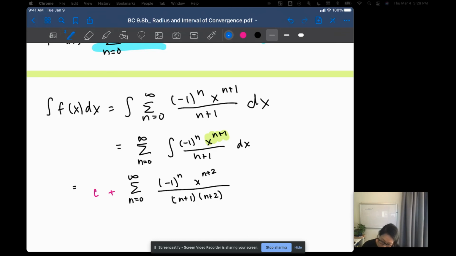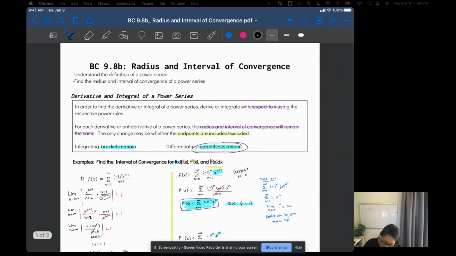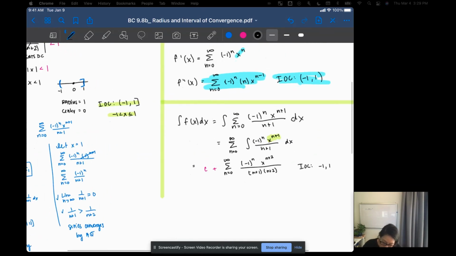So we know that the interval of convergence is going to be -1 to 1. Remember from earlier that when we're integrating, any bracket is going to stay. So there was a bracket around -1, so we're going to keep a bracket around -1, but we need to figure out what's happening at x equals -1.